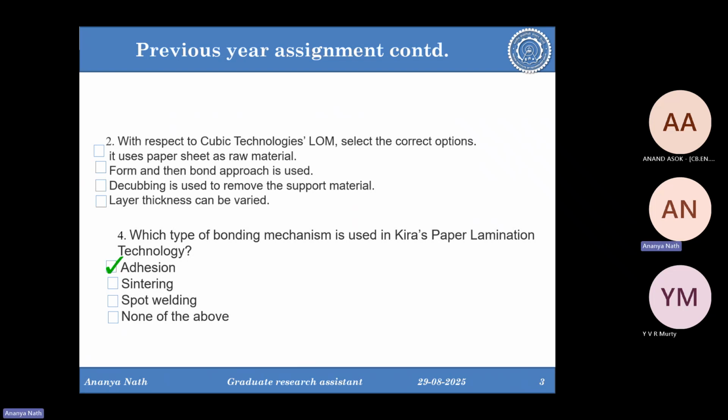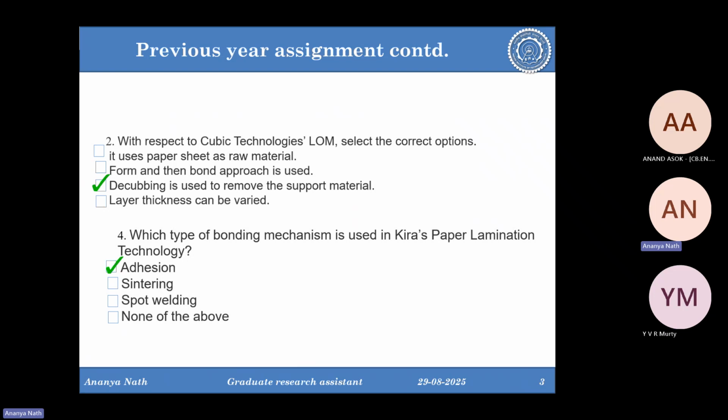With respect to cubic technologies LOM, select the correct options. It uses paper sheet as raw material, yes, that's correct. In the form, then bond is not true.